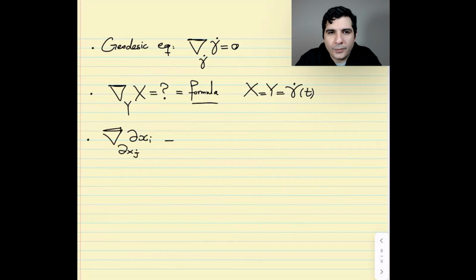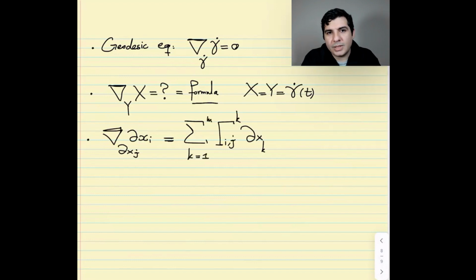So just a quick review. If we pick partial x1 up to partial xm to be our basis vectors, we learned the derivative of partial xi in the direction of partial xj is given by this Christoffel symbol equation. It would be a linear combination of partial xk where each coefficient is Gamma k ij, right? Christoffel symbols.